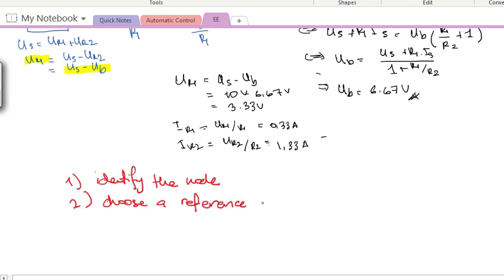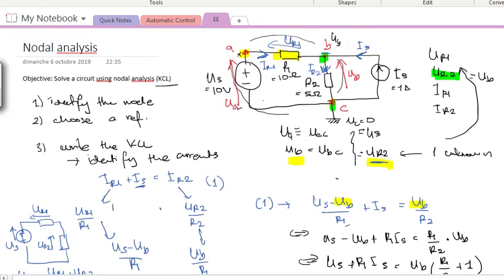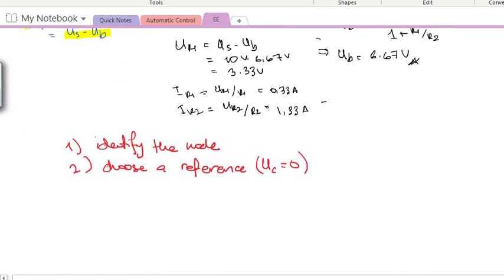At that reference, we choose the voltage equal to 0. That reference is usually chosen at the terminal of a voltage supply. For example, here we have chosen point C because it is connected to the minus terminal of the voltage supply.